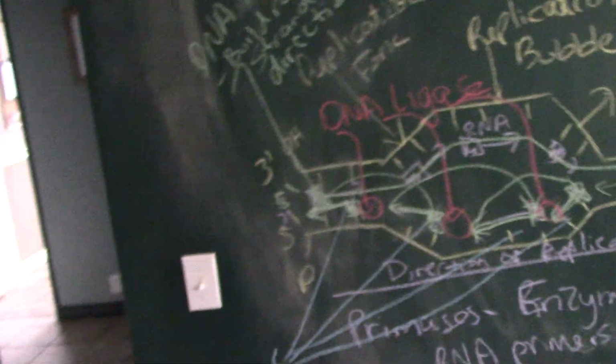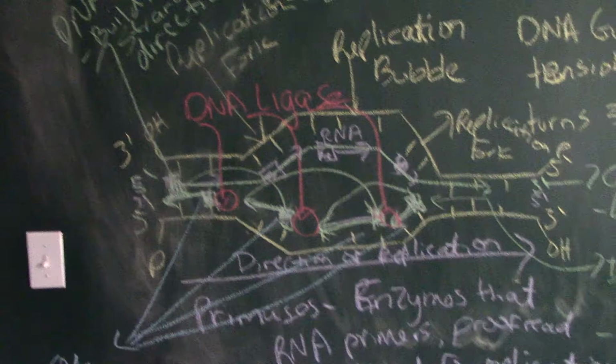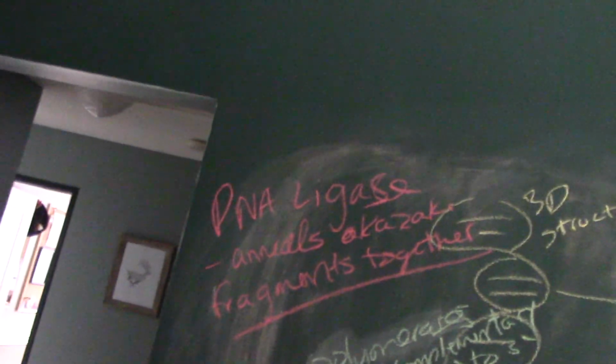And what DNA ligase does is it anneals or bonds Okazaki fragments together. And any base pairs that aren't bonded on the leading strand as well, it'll bond together. So the DNA ligase bonds.